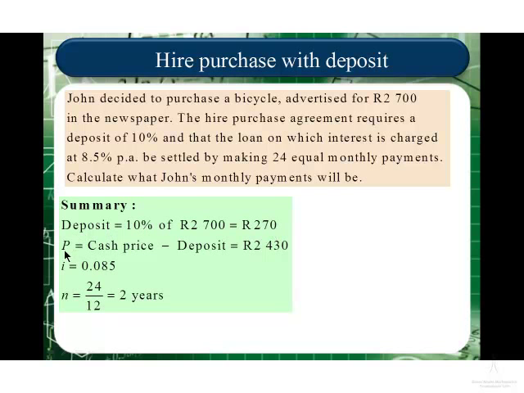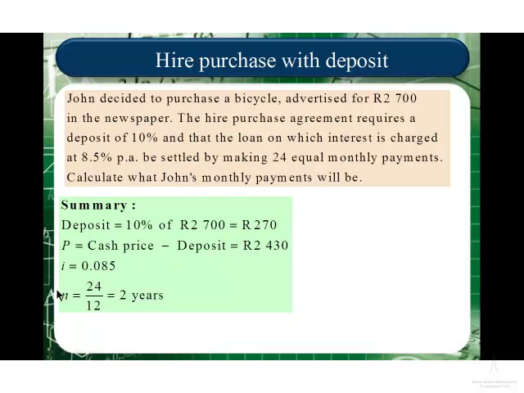The principal amount of the loan will be the cash price, that is 2,700 Rand, minus the deposit that will be paid before this particular loan agreement takes effect. So, in this case, if we subtract 270 Rand from 2,700, we're left with 2,430 Rand. Now that is our principal amount in the case of the loan.